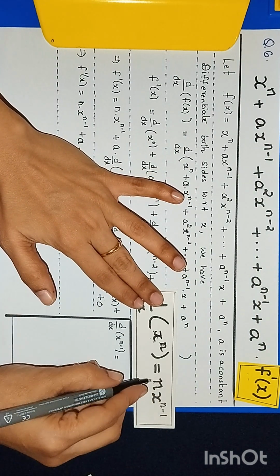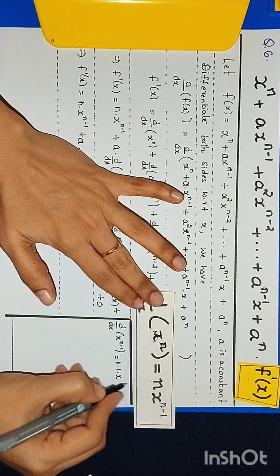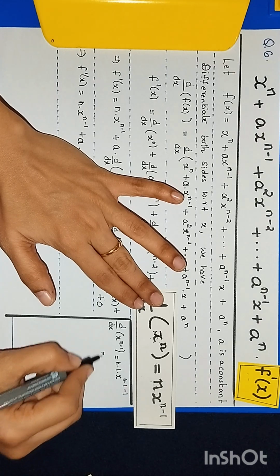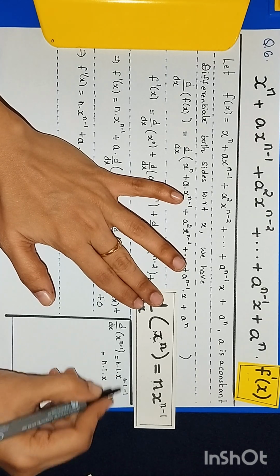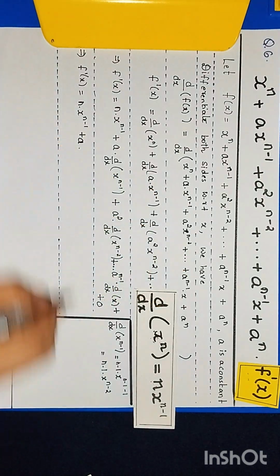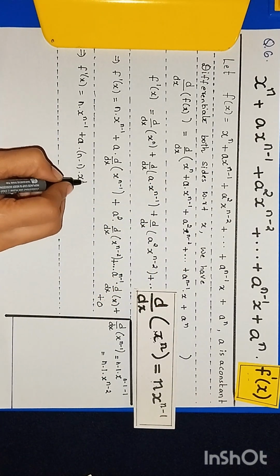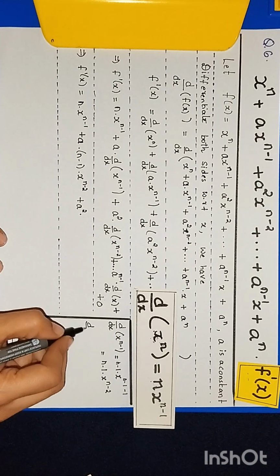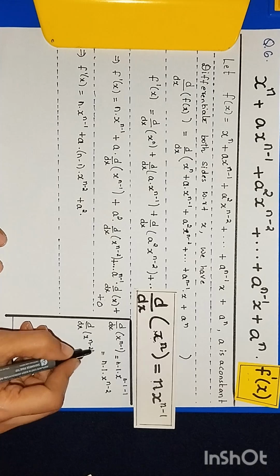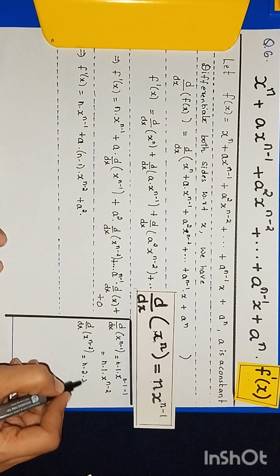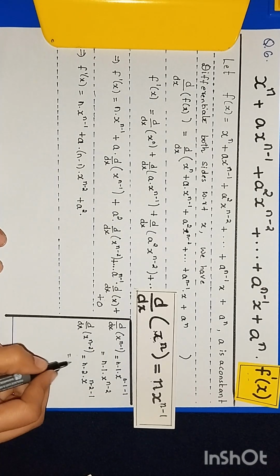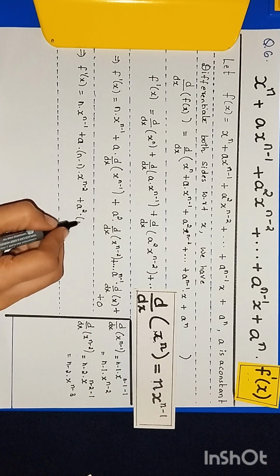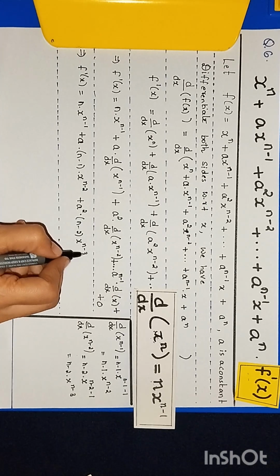So we write n minus 1 times x to the power n minus 1 minus 1, which is n minus 1 x to the power n minus 2. Then a square d by dx of x to the power n minus 2 gives n minus 2 x to the power n minus 2 minus 1, so n minus 2 x to the power n minus 3.